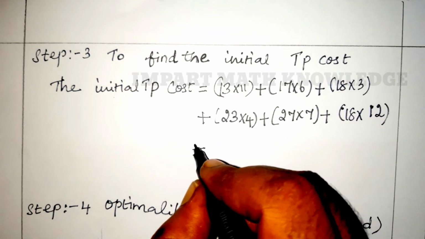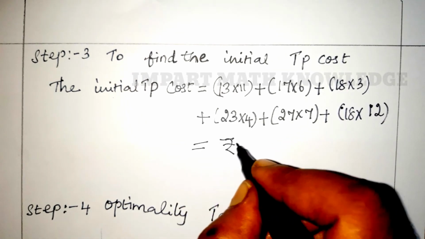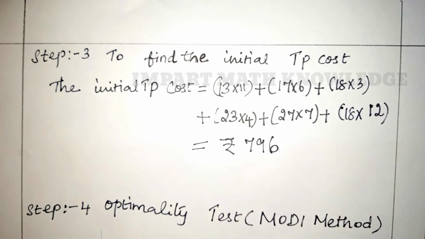If you multiply and add, you will get 796. The initial transportation cost for this particular problem is 796. Now we are going to check whether this 796 is the optimal cost or not using Modi method.